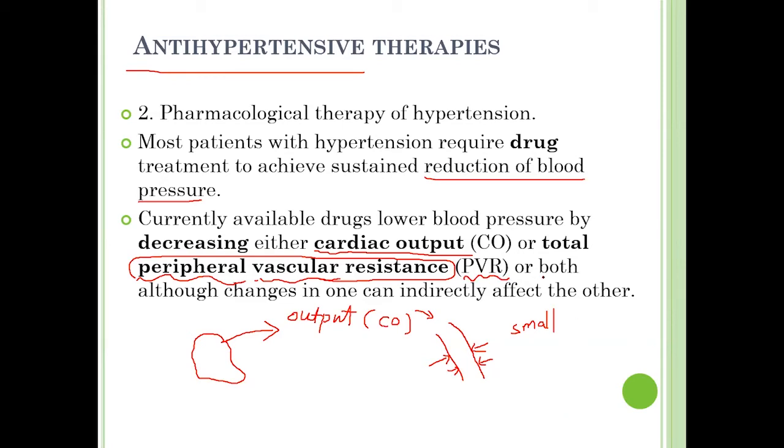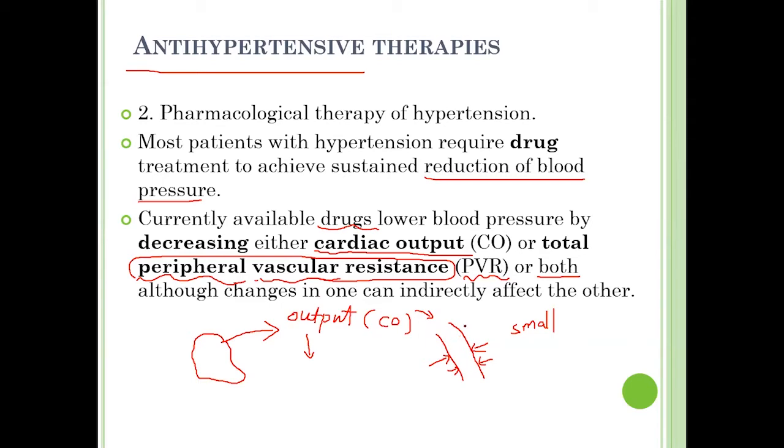And both. So basically, the drugs work on two aspects. One is decreased output. With decreased output, less blood goes to the blood vessels. That truly decreases blood pressure.